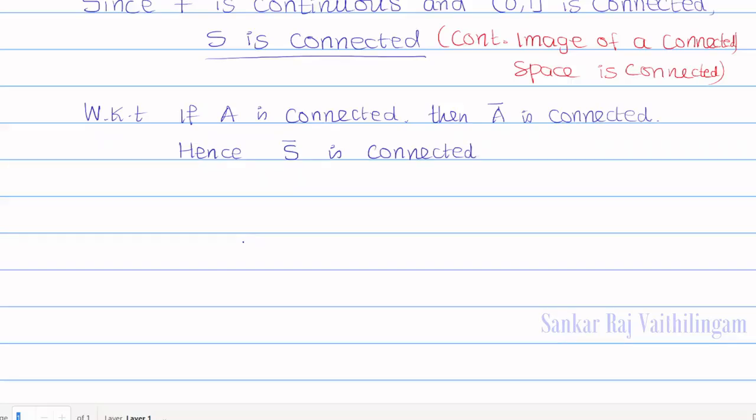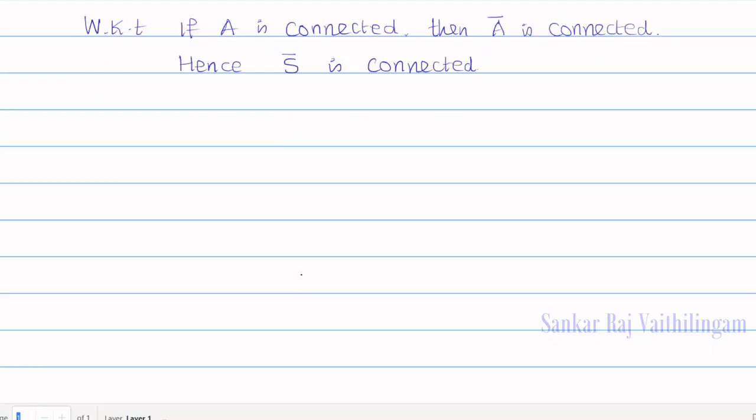First, let us view the geometry of this S. If you look at the geometry, you can easily find what the closure of S is. Let me draw it.